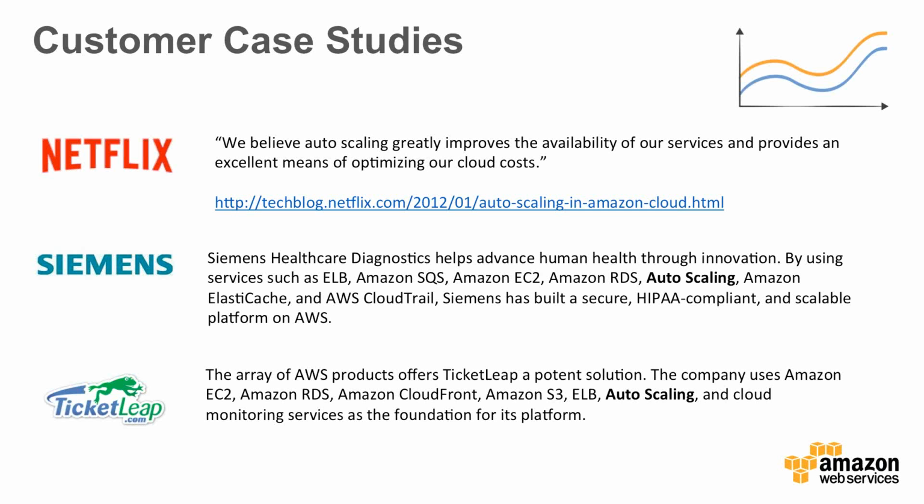And another really great resource for learning about AWS and how our customers use it is that many of our customers actually release technical blogs about their usage of AWS. If you go to techblog.netflix.com, they have some really great write-ups about how they're utilizing AWS, not just for auto-scaling, but across all of the different services.